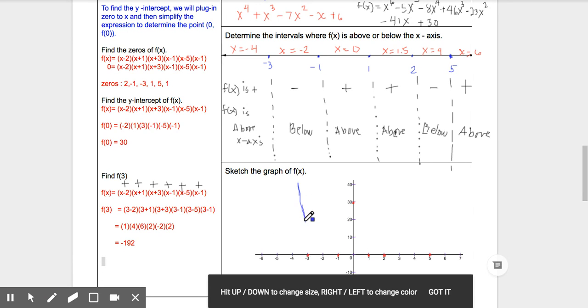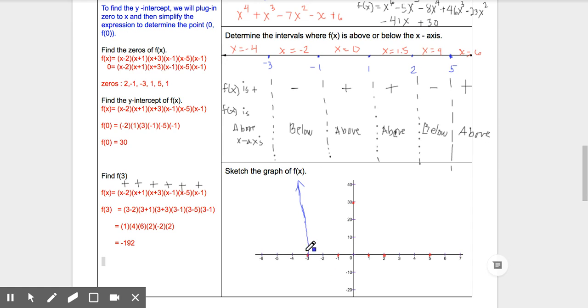Okay, so it's going to go down and hit -3. Okay, and then it says here that f of x will go below the x-axis. So that means it has to cross the x-axis. Okay, so it's now in the negative territory.